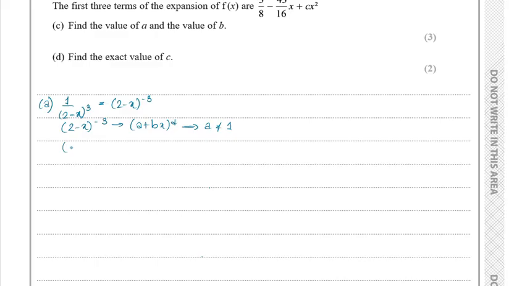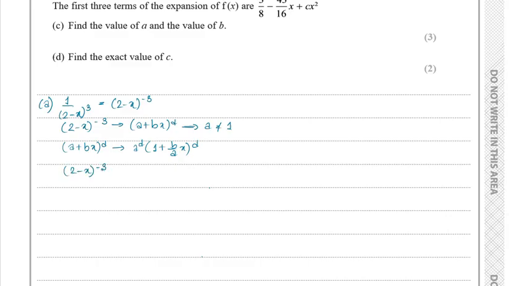So at first, let me bring 1 in this expression of (a plus bx) to the power d. (a plus bx) to the power d can be written as, if I take a common, a to the power d, bracket 1 plus b by a x, to the power d. I'll do the same thing for the given expression.